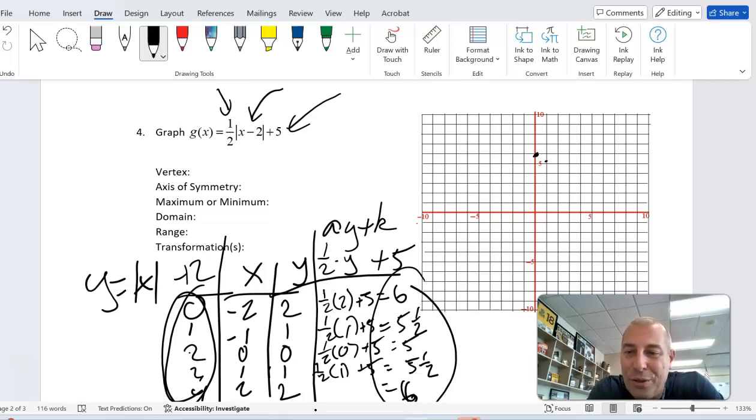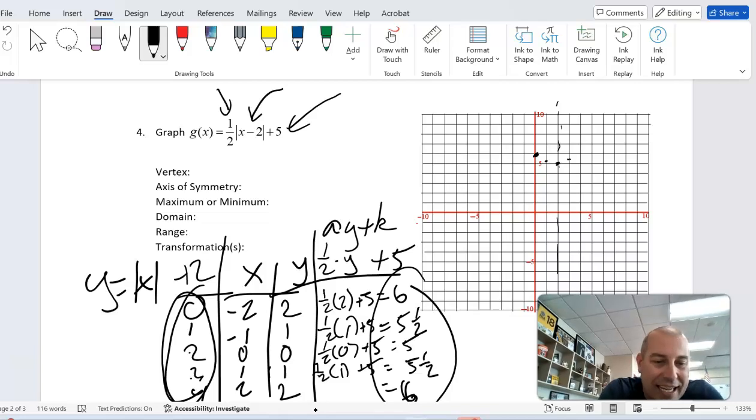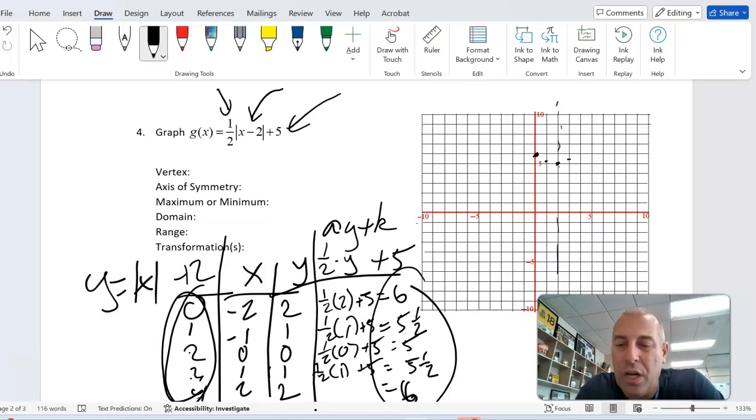Going to the right 2, going up to 5. 3, 5.5. There we go. There's that axis of symmetry here. We're the same distance away on both sides. And then I see a 4, 6. So I'm going to the right 4, up 6.